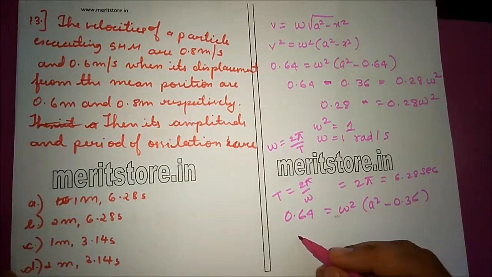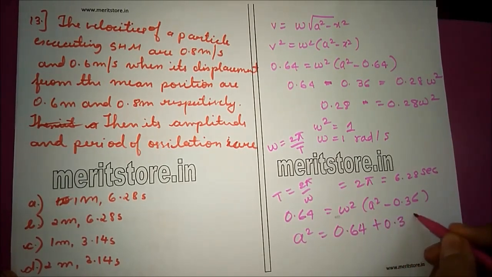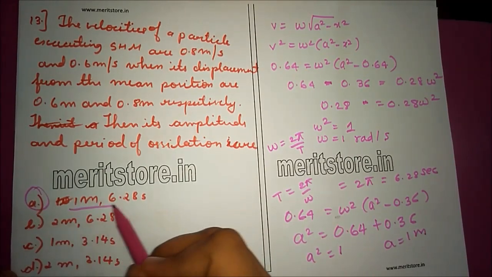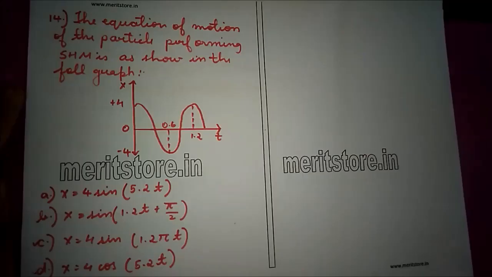So a square is equal to 0.64 plus 0.36. So a square is equal to 1, or a is equal to 1 meter. So option A, 1 meter and 6.28 seconds is the correct answer.